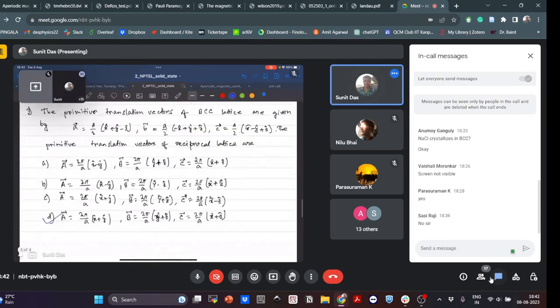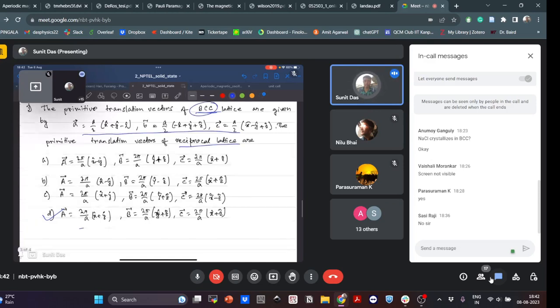And notice that this was given as BCC lattice. So the primitive translation vectors of BCC lattice are these, and we find out the reciprocal lattice vectors for this BCC lattice are these.